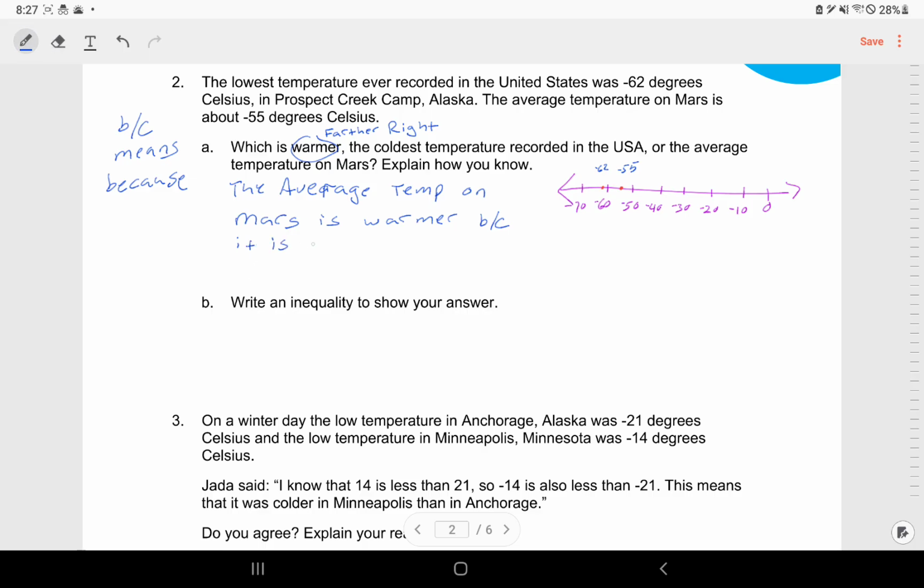It is farther right on the number line. Now, write an inequality to show our answer. Well, negative 55 is greater than negative 62, or negative 62 is less than negative 55. Either answer is fine.